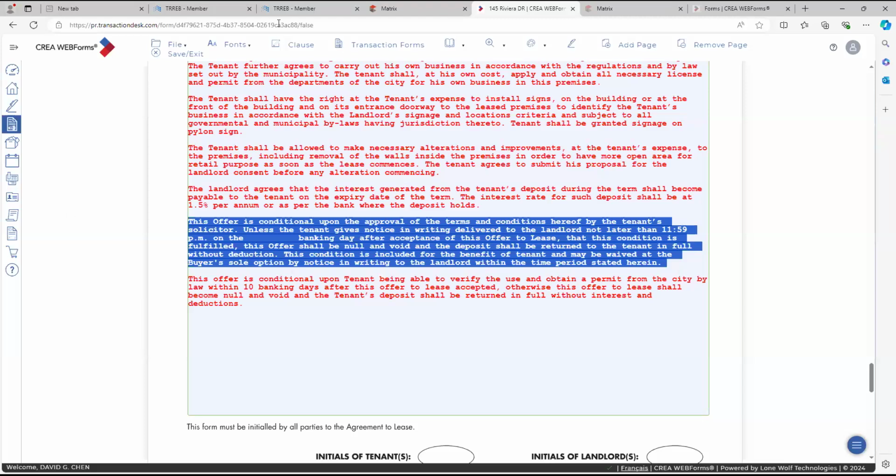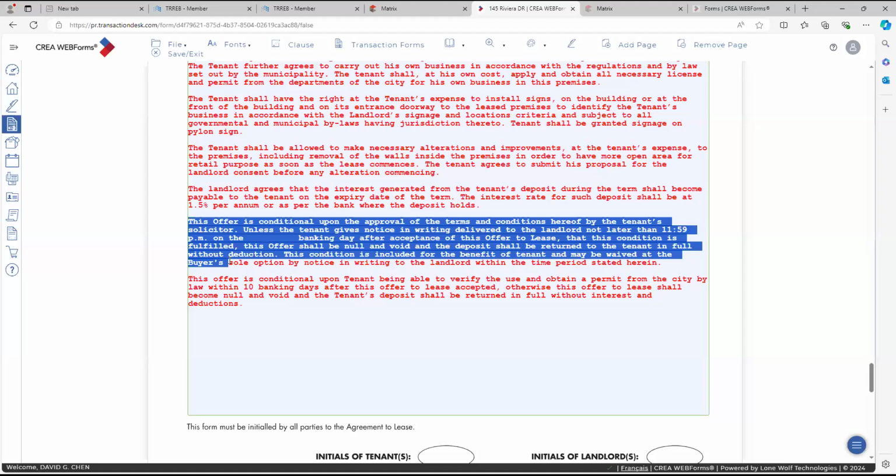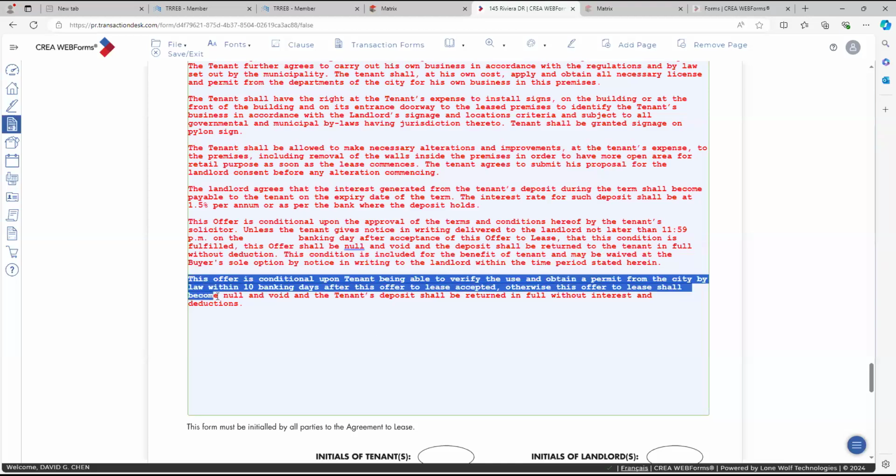So for a commercial lease, in case you're not quite sure, that's the one condition you need to put here. 5 banking days, or sometimes people put 10 banking days, depending on how long you need. That condition protects your client, and actually protects yourself, because sometimes you are not good at the lease terms. This way the lawyer will help your client read through it. That's number one.